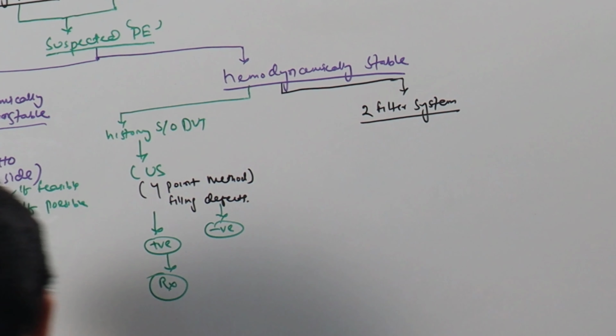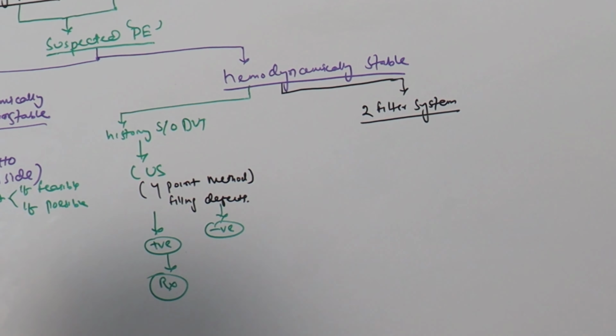So here we have two components. One is clinical predictive value and second is prediction criteria.